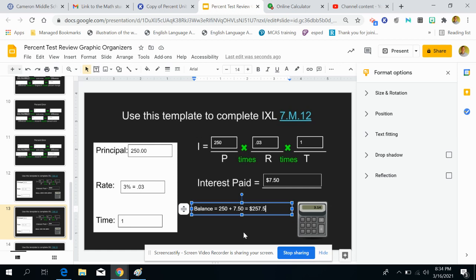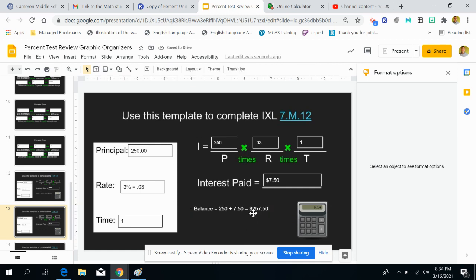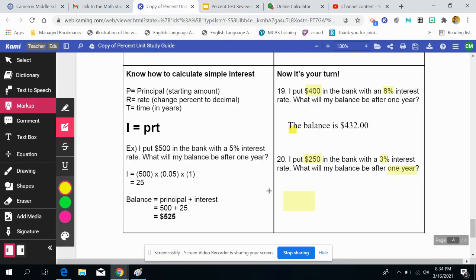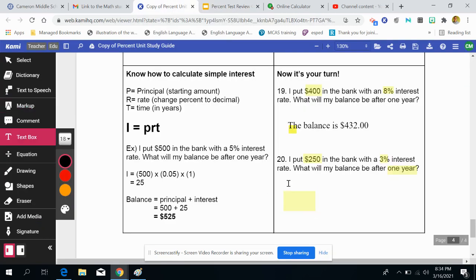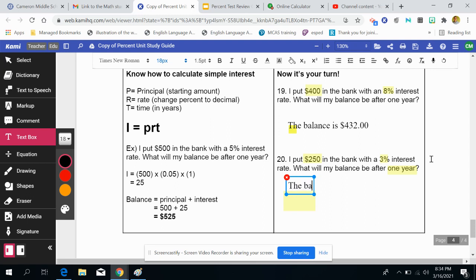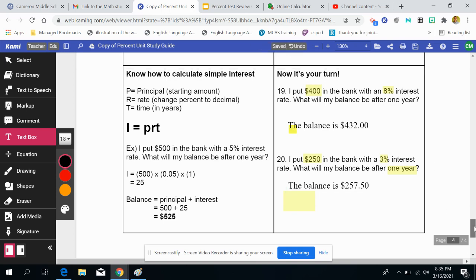We say $257.50. So the balance is $257.50. I'm going to go ahead to my study guide, and the balance is $257.50. All right, that was number 20.